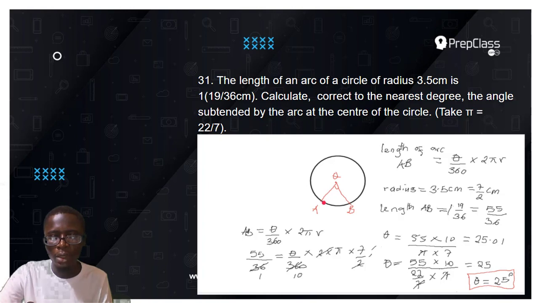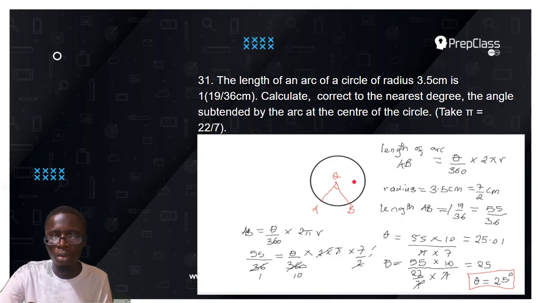A sector is a combination of an arc, which is a segmental part of the circumference, and the radii of the circle. So our interest is to find out what is the angle that this length AB, a portion of the circumference, actually subtends at the center of the circle.